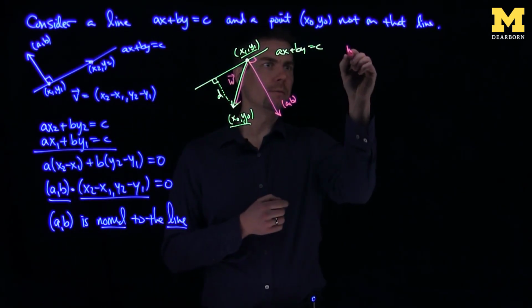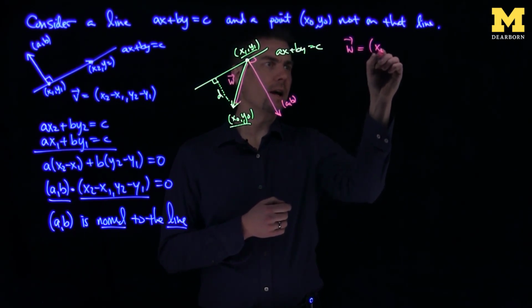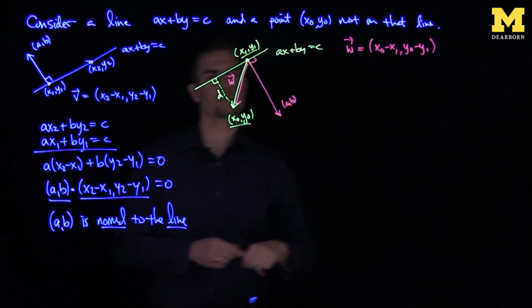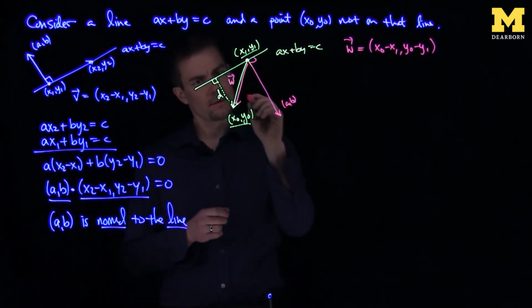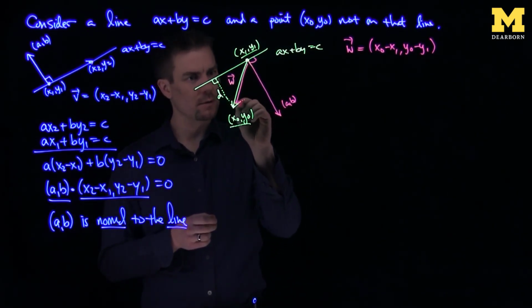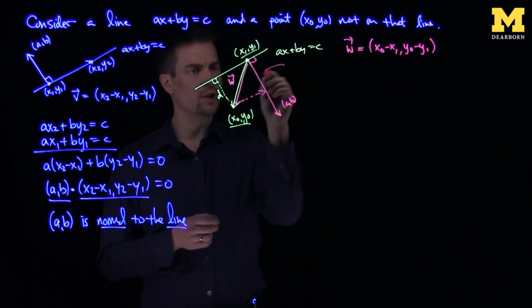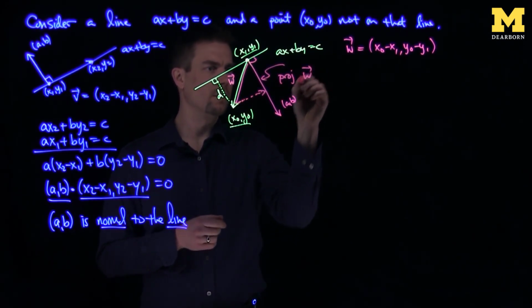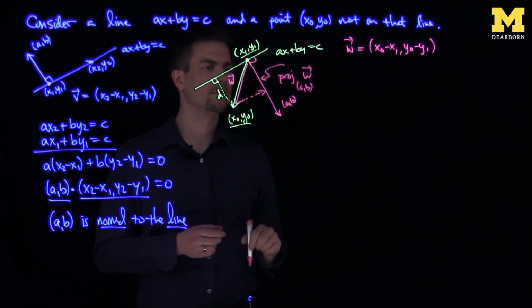So vector w is going to be x0 minus x1, y0 minus y1. And then I'll take that vector w and I'll project it over here. So this is the projection of w onto the vector AB.